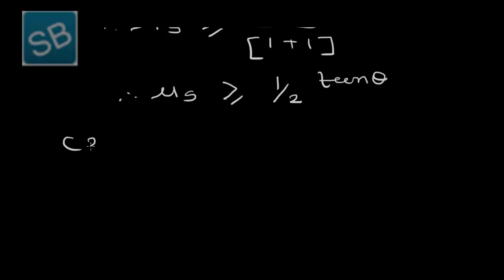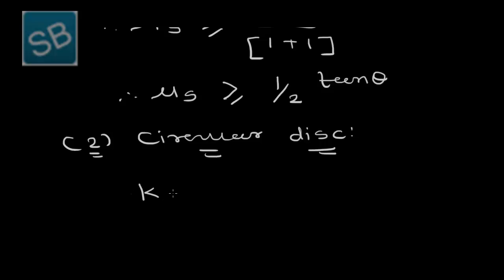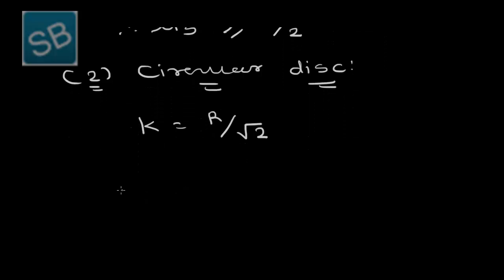Similarly, if we see the second case, for a circular disc, then here the radius of gyration is r upon under root 2, and with the help of this value, mu s is greater than or equal to 1 by 3 tan theta.